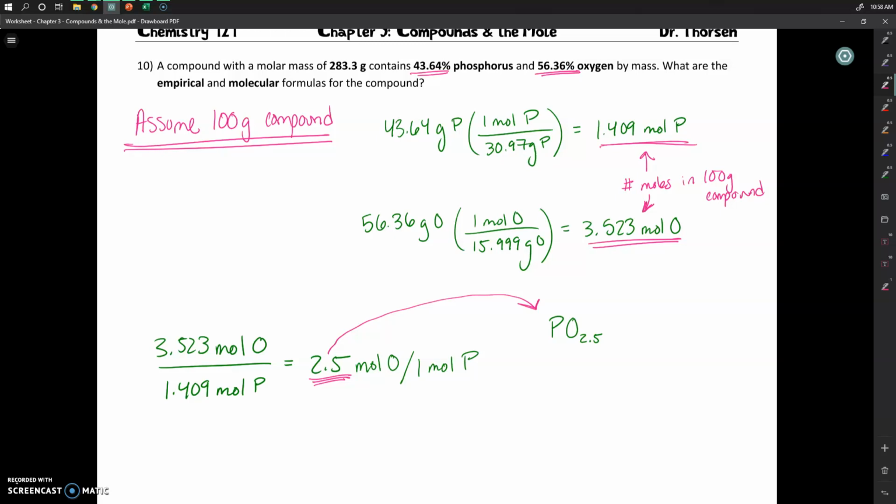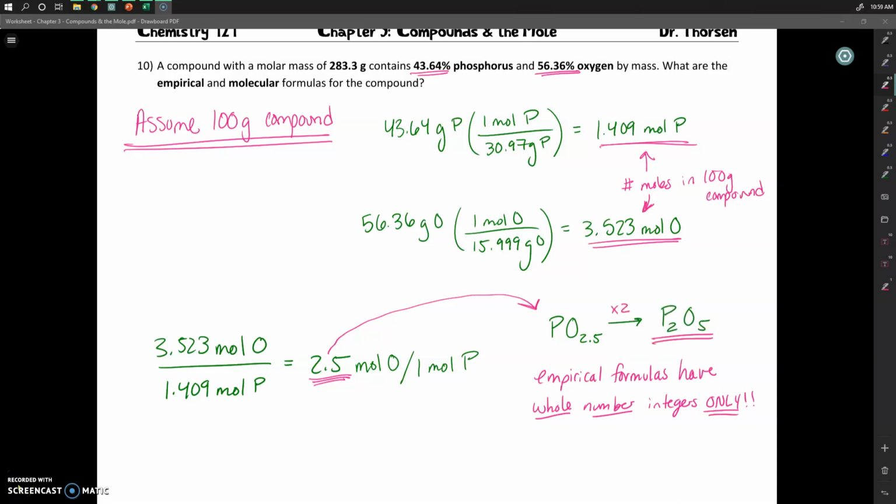And then I'm putting the 2.5 moles of oxygen as the subscript for oxygen. But the tricky part about this is that empirical formulas have to have whole number integers only for their subscripts. So when you get to this point and we've got this 2.5, we know we're not done because we can't leave that as 2.5. We have to get that to a whole number.